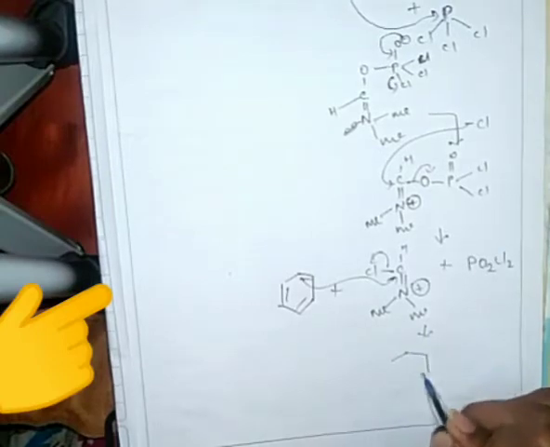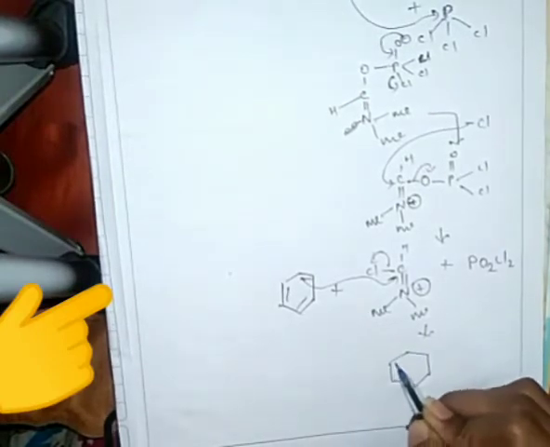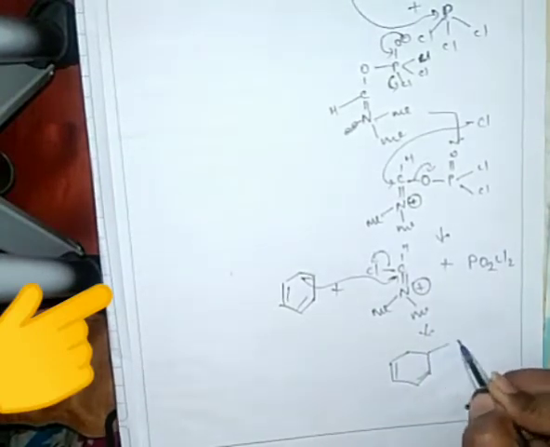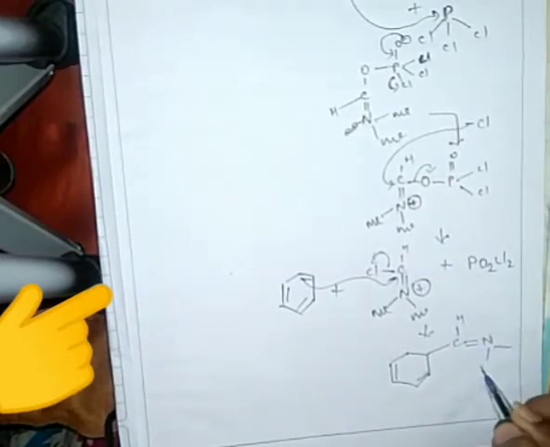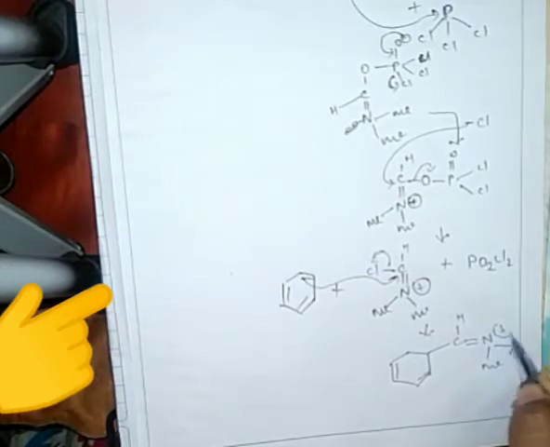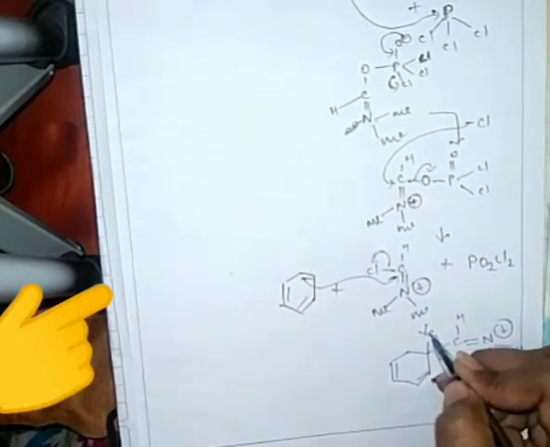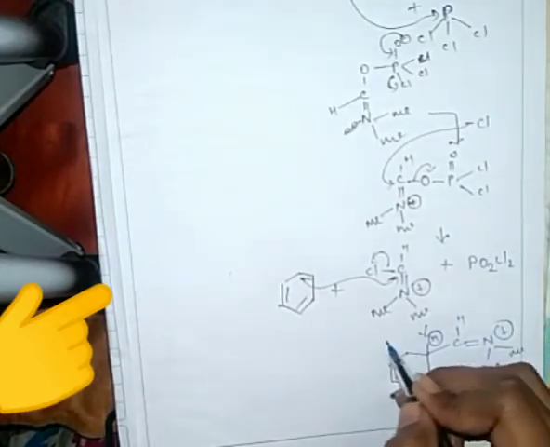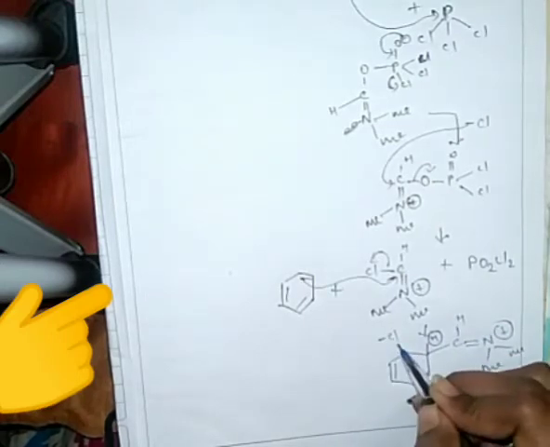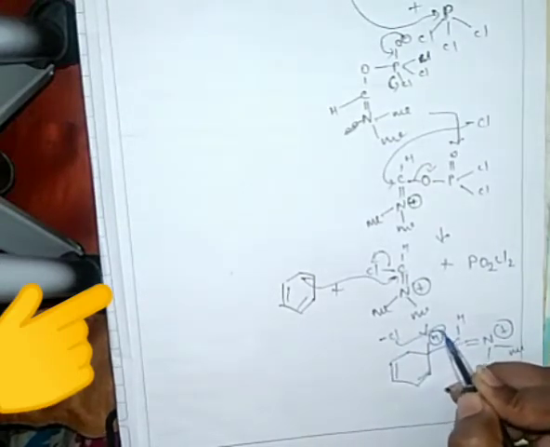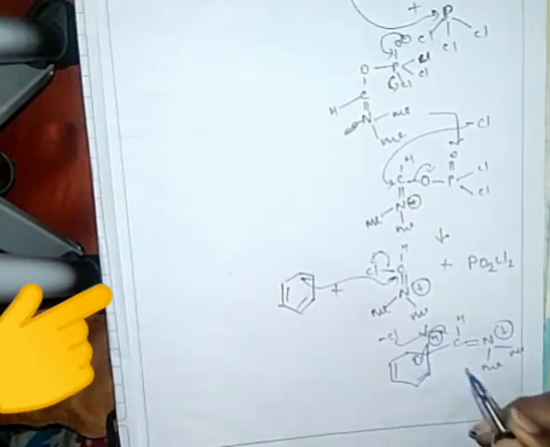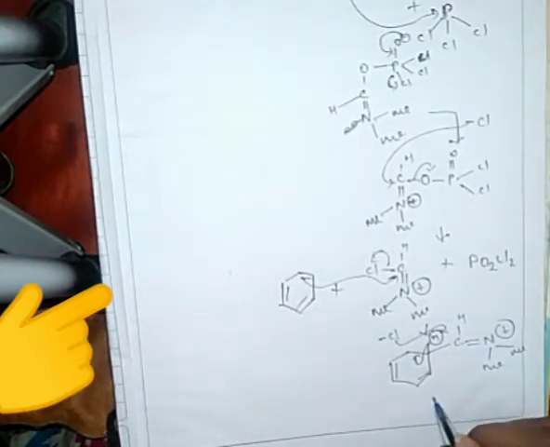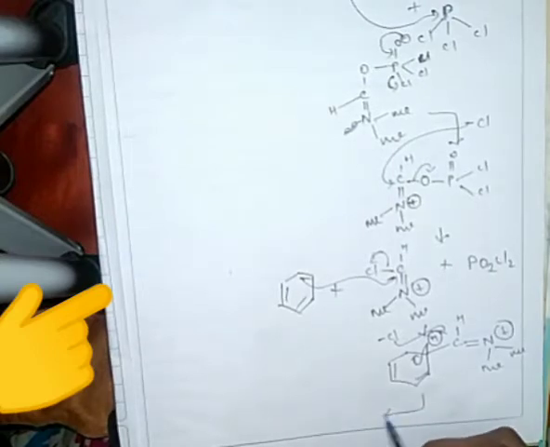We get this, and there is carbon attached and nitrogen Me Me. So next, minus Cl takes this hydrogen, and again this bond is shifted there, and aromaticity is gained by the benzene ring.